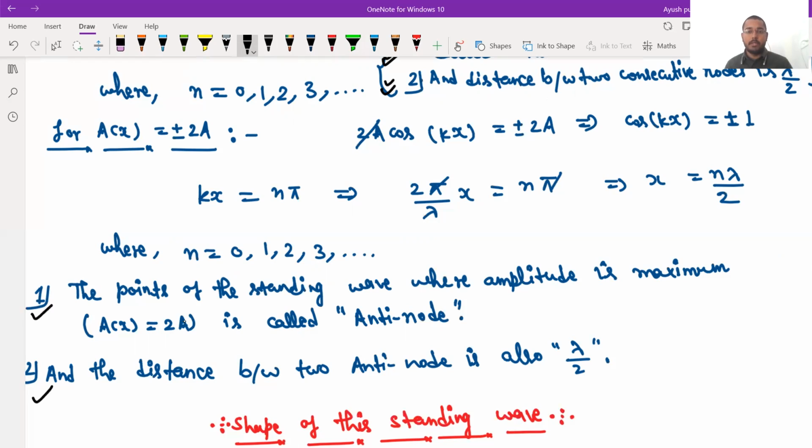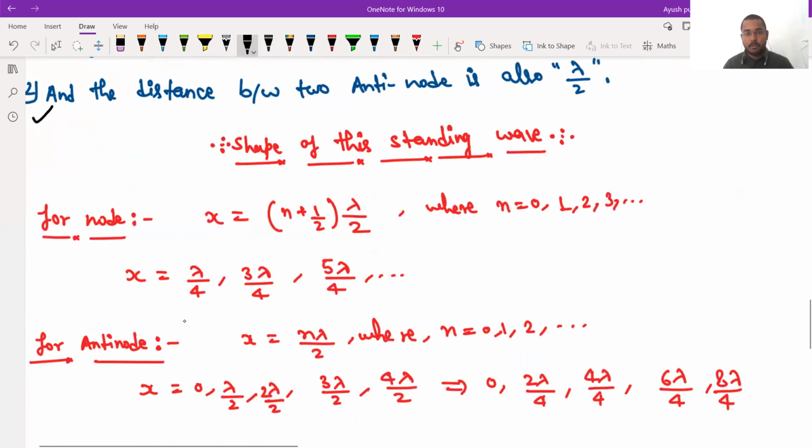Till now we have done the mathematics behind the standing wave and the conditions for the standing wave to get formed. Now we will understand the shape of the standing wave and its physical significance. So stay tuned. Let's move.